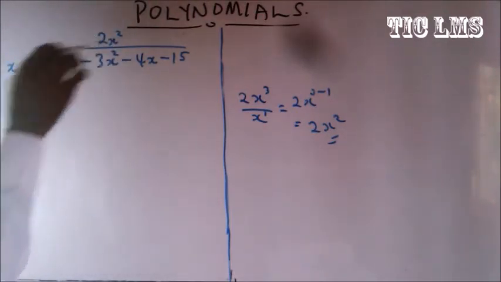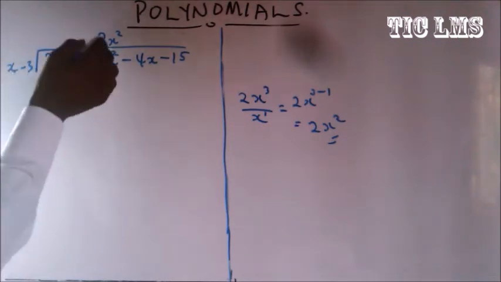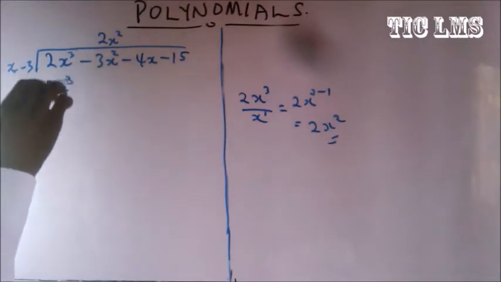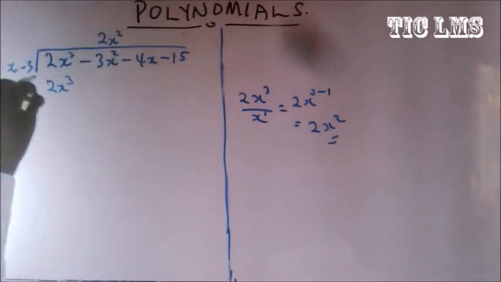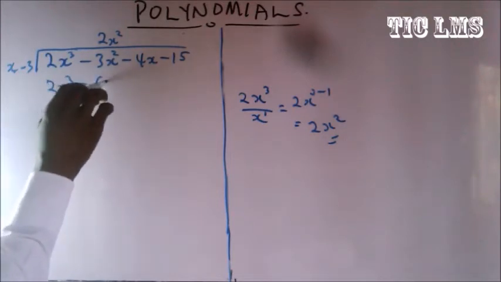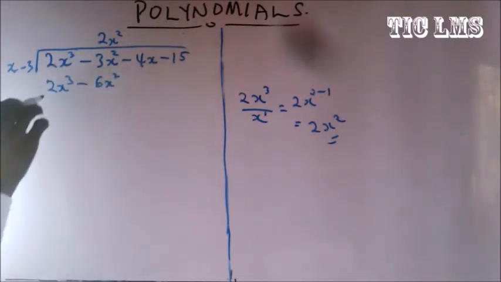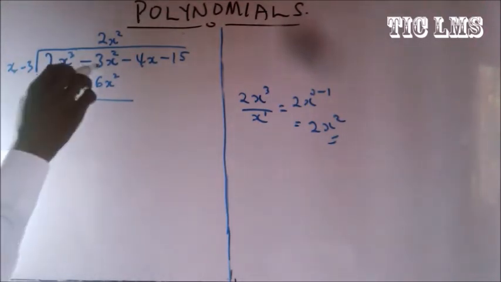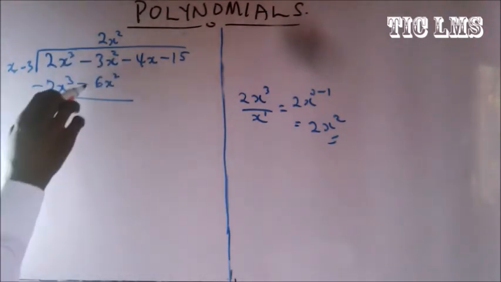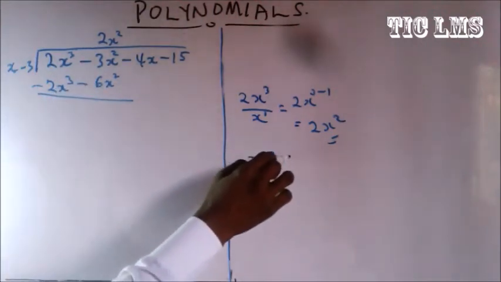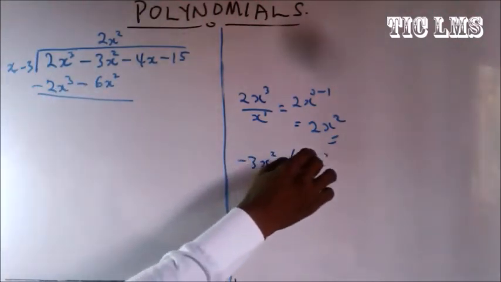Then we'll use the 2x squared to multiply each of these. So 2x squared times x, we have 2x raised to 3. And then 2x squared multiplied by minus 3 gives minus 6x squared. Next is we'll subtract. We'll have it that minus 3x squared minus minus 6x squared.